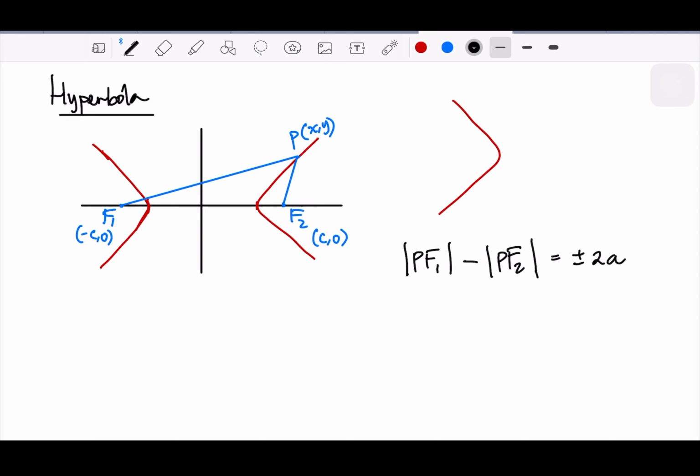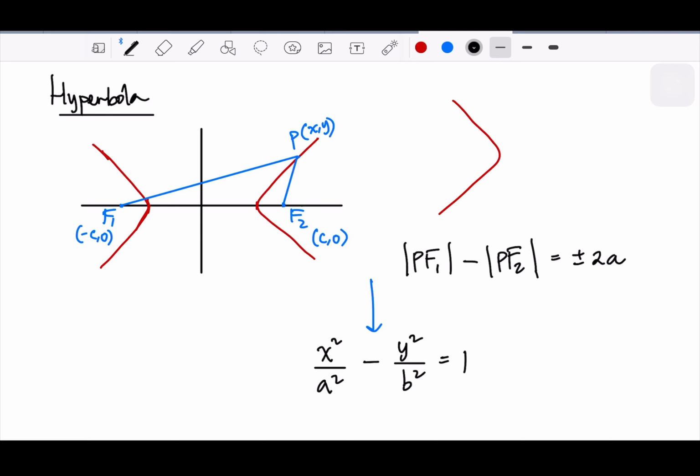And then similar to the ellipse, we can have the relations. So instead of plus, it's a minus.